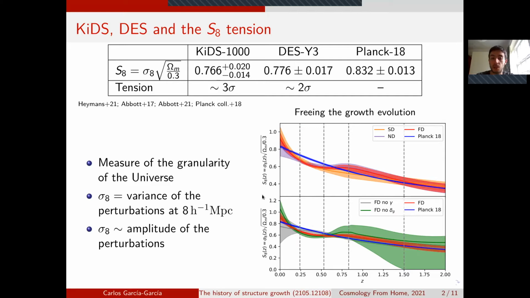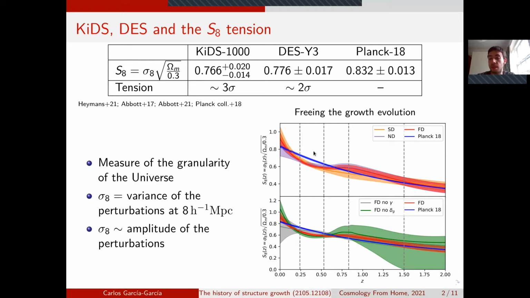In the vertical axis, we see the S8 parameter versus offset, where the temporal evolution is given by the sigma 8 parameter. So it's the amplitude of the perturbation that is going to evolve in time in this plot. In the horizontal axis, we have the rest.